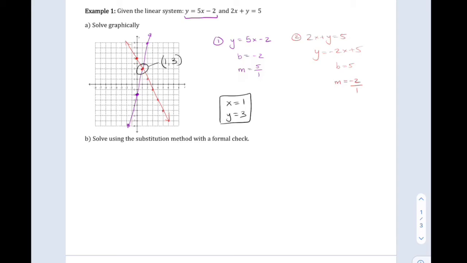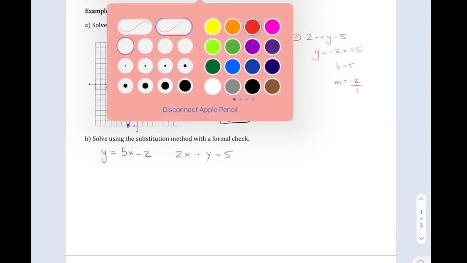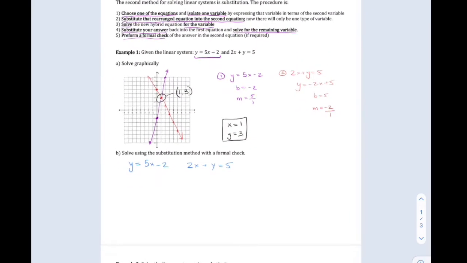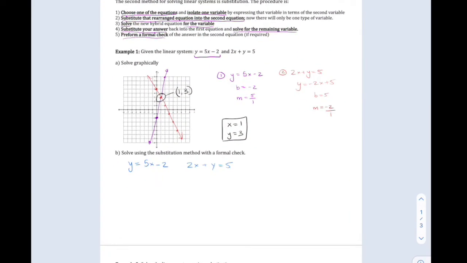So I'm going to write the two equations down below. We're going to have y is equal to 5x minus 2. And we're going to have the second equation, which is 2x plus y is equal to 5. So the steps for this say, go back up, choose one of the equations and isolate one variable.